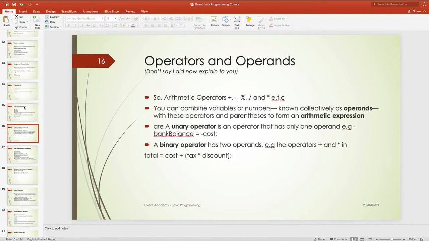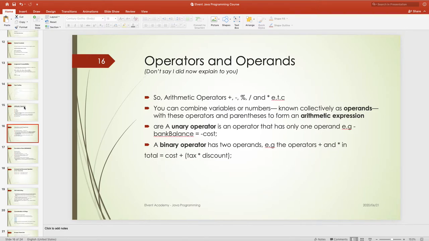Let us jump on to the next topic, which is operators and operands. What are these animals? If you're going to program, you're not going to run away from mathematics, so it's good to learn these things and the terminology and lingo at an early stage. That is why I compiled this lecture for you.